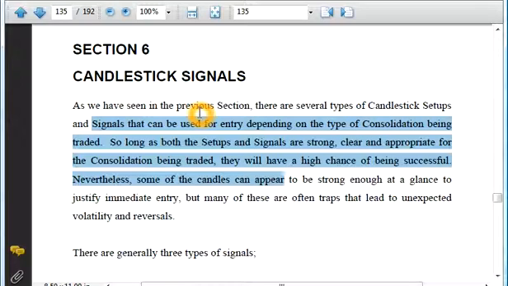If the signal is strong but the setup is weak, taking it is a risk and it's likely to lead to a loss. Vice versa, if the signal is weak but the setup is strong, you're still going to have a situation in which the market could actually take out your trade and not be successful.